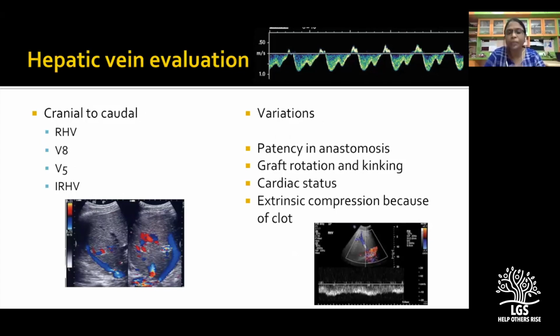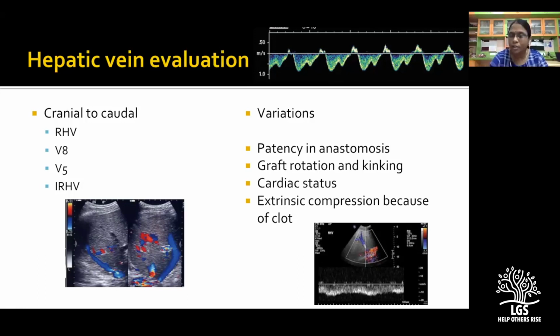So whenever the hepatic vein is blue in color and we get a classical triphasic waveform, then we are happy. When there is a variation in this, that is, when we get a red colored hepatic vein or a monophasic waveform with complete loss of phasic variations, then it needs to be evaluated. Mostly in the immediate postoperative period, it is because of hepatic venous outflow obstruction.